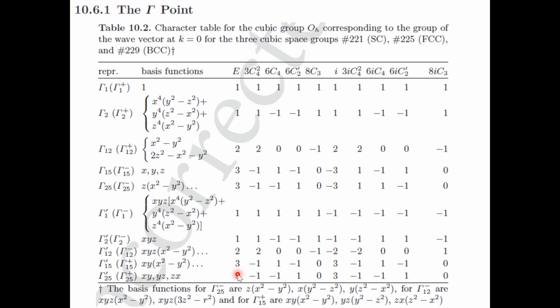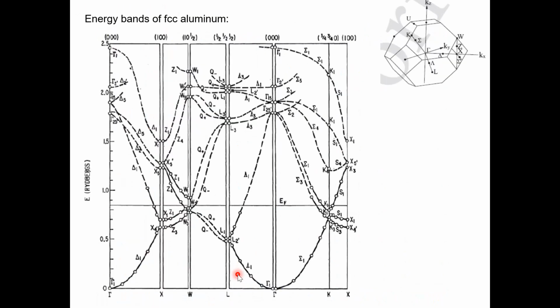So this means that when I calculate a band structure, when I solve the Schrödinger equation for an electron in a crystal, then I have the energy bands. So the labels that you see here in the energy bands are precisely the labels for the irreducible representations for the group of the wave vector for each direction in the Brillouin zone.